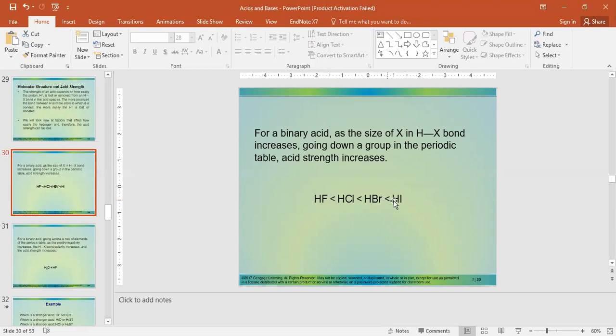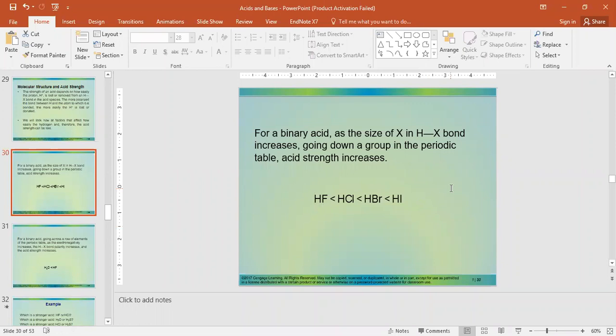Look at it in terms of the effective nuclear charge. Because these are halogens, the effective nuclear charge in halogens is going to decrease as you go down a group.